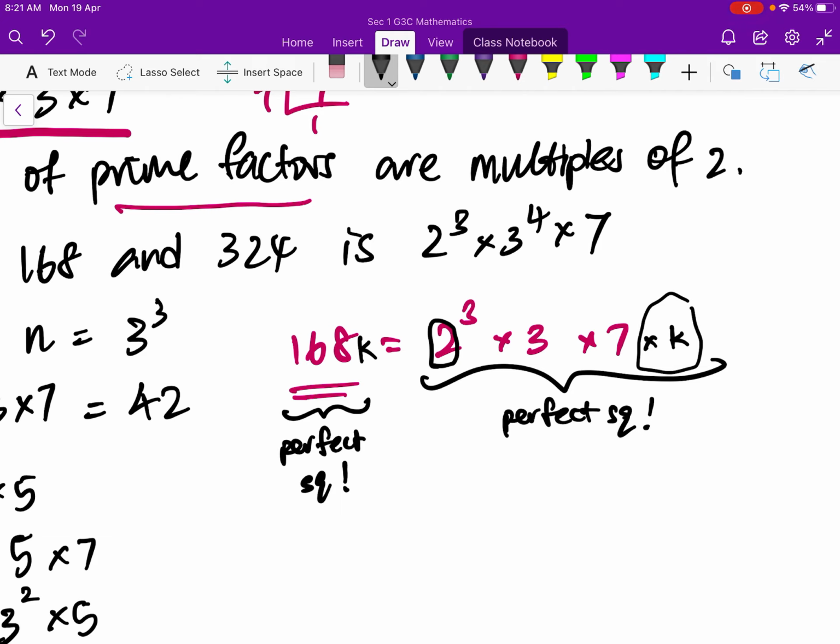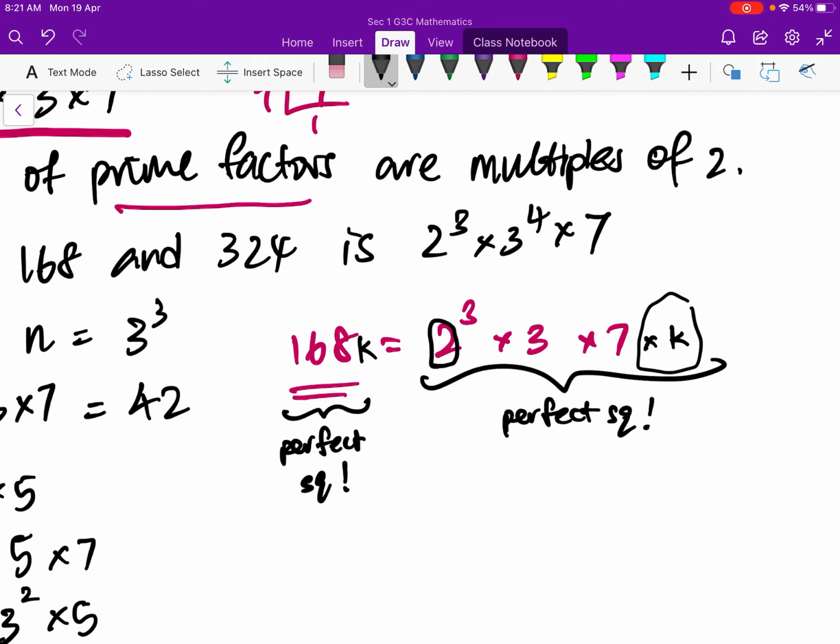Okay, so now we are multiplying inside this k. Definitely, there is a factor 2 inside. Only then can I change the power for 2. And within the k, how many 2's would there be? It could be 1, it could be 3, it could be 5, 7, and so on.